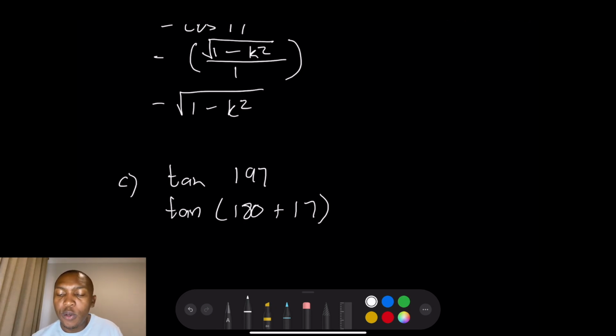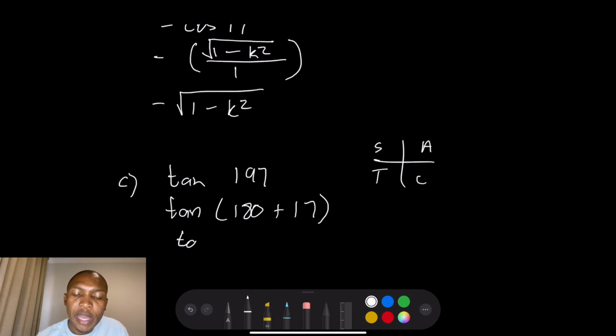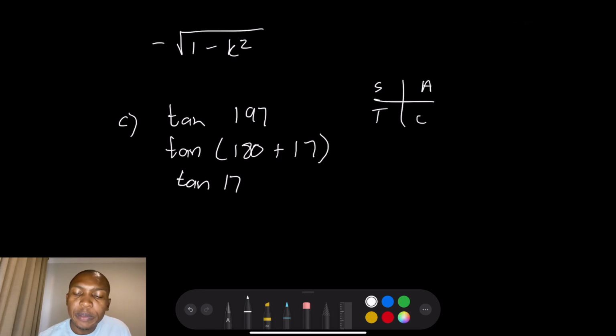That's in the third quadrant. What does our CAST diagram say? It says in the third quadrant, tan is positive. So that will be the same as tan 17. Of course, if you haven't watched our first lesson on trig, on the reduction formulae, please make sure that you go and watch that lesson so that you know how to go about tackling these.